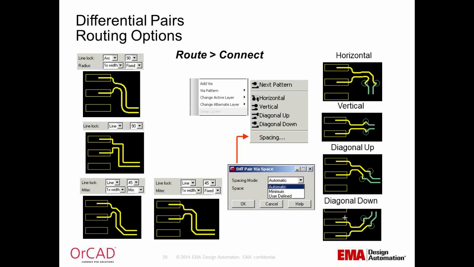There are several routing options for differential pairs. You can route differential pairs using 90 or 45-degree angle corners, or you can route them with arced bends. You also have access to several different via patterns during routing, such as a vertical, horizontal, diagonal up, or diagonal down configurations.